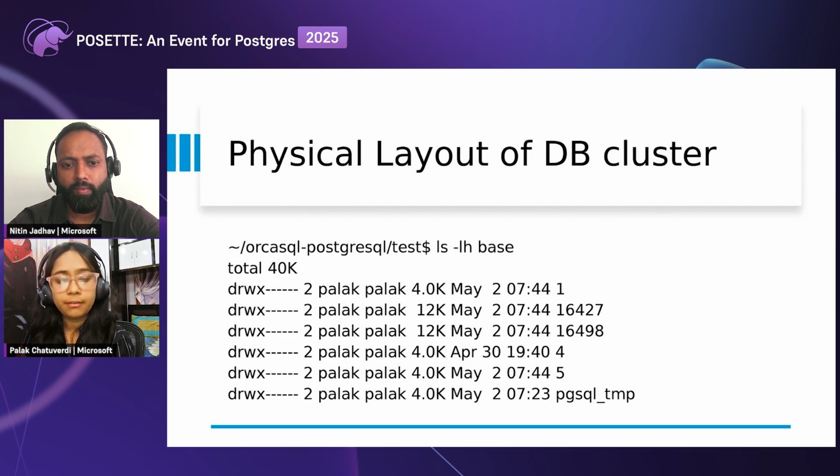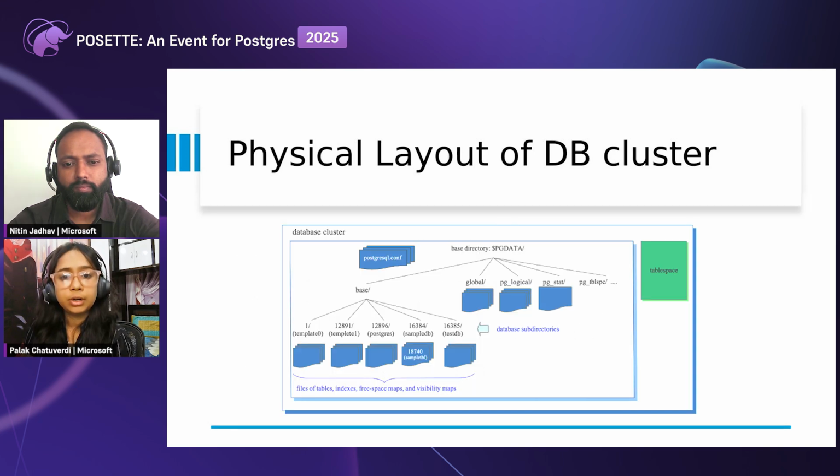When I do ls for the base folder, we see multiple numbers like 1, 4, 5, 16427, 16498. These are the OIDs of the databases present in our running PostgreSQL. Inside each of these folders, we have multiple tables, indexes, free space maps, and visibility maps.